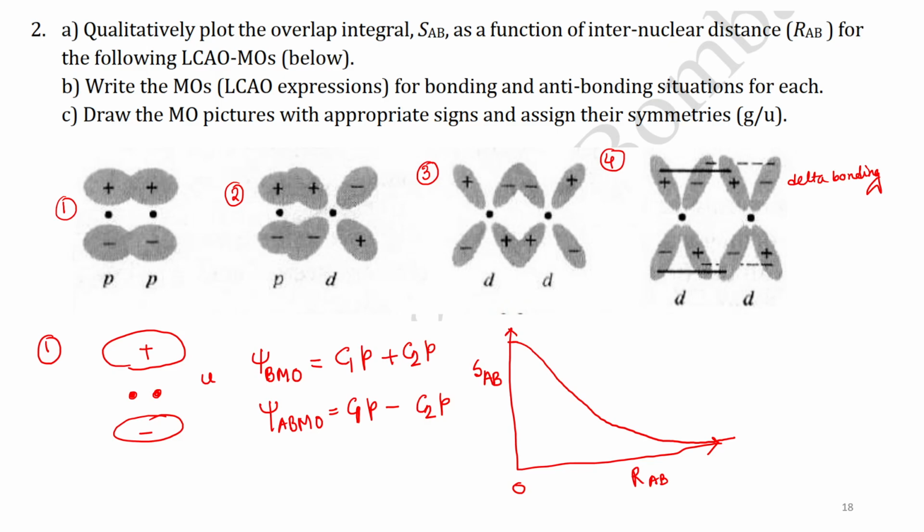And this is how your overlap integral looks for p-p side-on interaction. Now we are going for p-d in the next one. So I'll draw this, this is your p, and this is your d orbital.